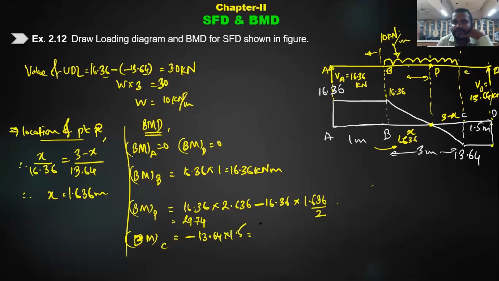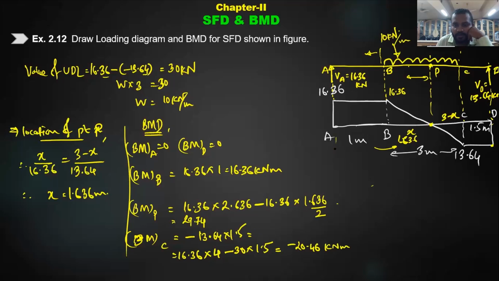Just take the value from left hand side also. लेफ्ट हैंड साइड में लिखोगे तो आएगा 13.36 मल्टीप्लाई बाय C तक जाएंगे तो 3 और ये 4 हो गया, माइनस 30 इंटू 1.5, तो कितना हो जाएगा ये? 20.46 माइनस. Minus 20.46 kilonewton meter.